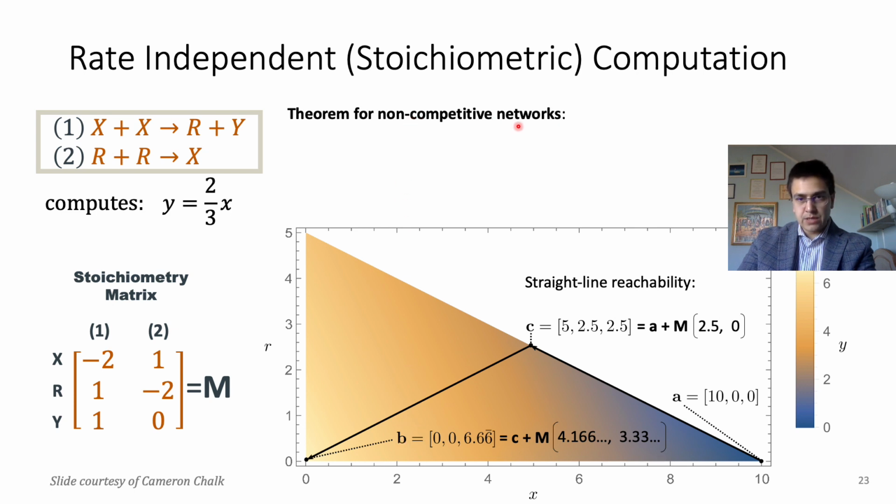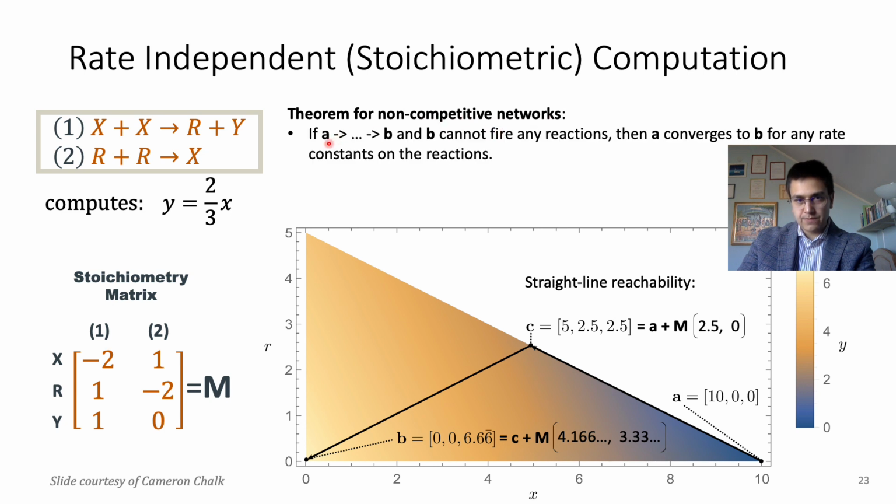So for non-competitive networks, those are the networks that our neural networks translate to, we prove the following. If there is a path from state A to state B, as the one shown here, and B is a stable state, then A converges to B for any rate constants on the reactions.